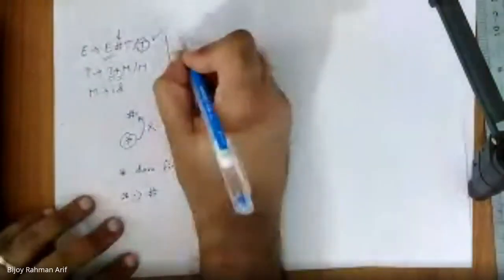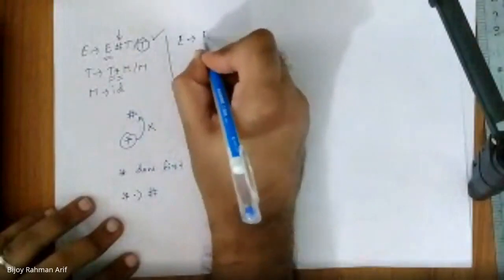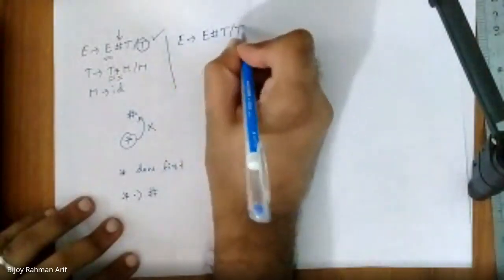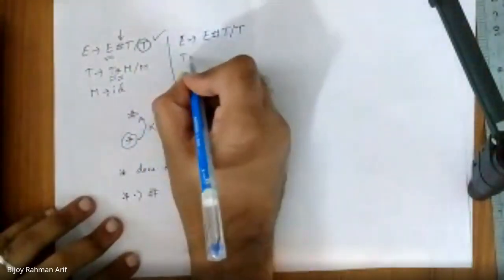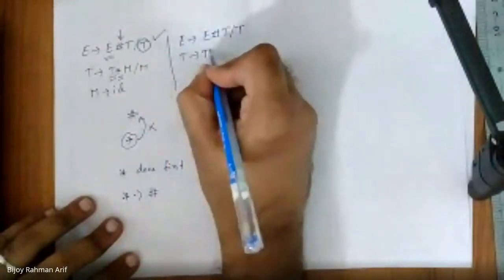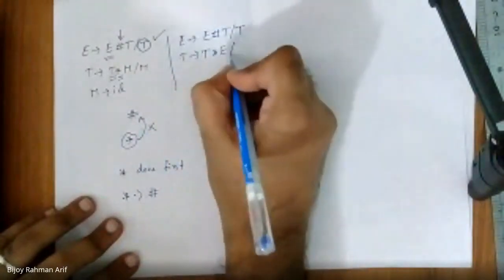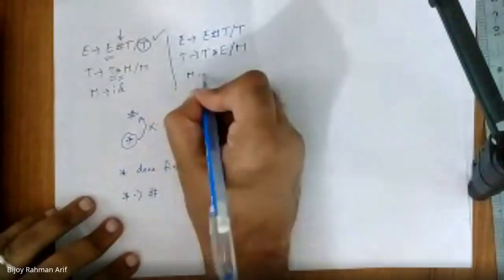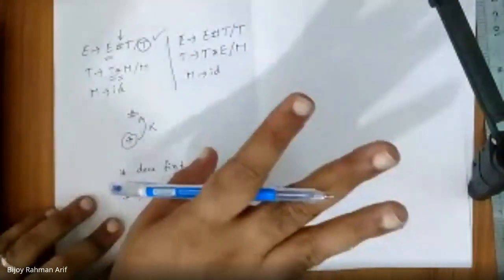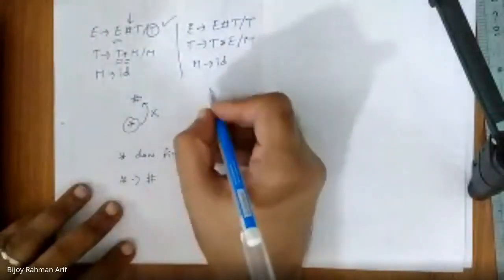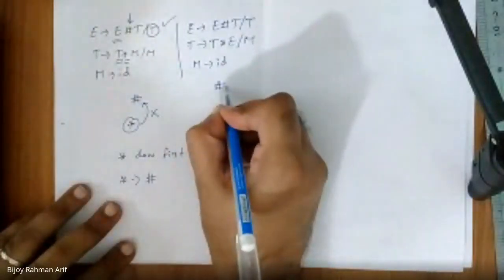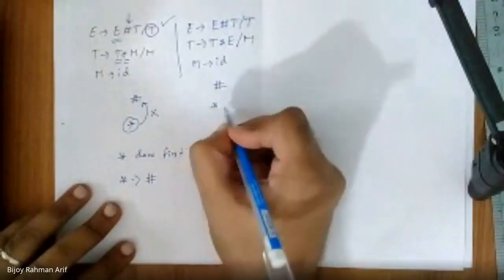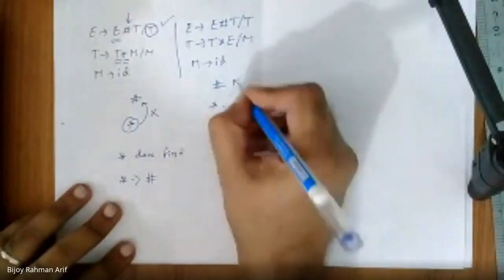Now see, if I change this grammar to this: E derives E hash T, T derives T star E or M, then M derives star T. No associativity problem here. But see, you generate hash, then you generate star, then again you can generate hash.